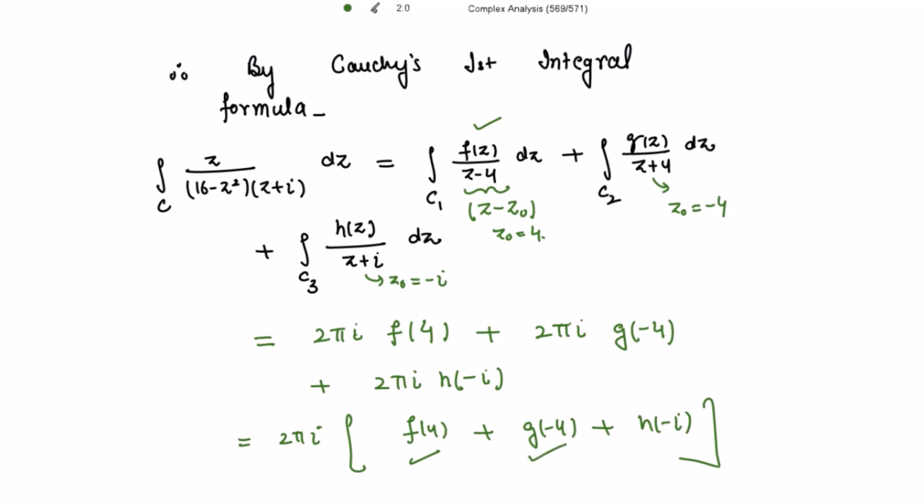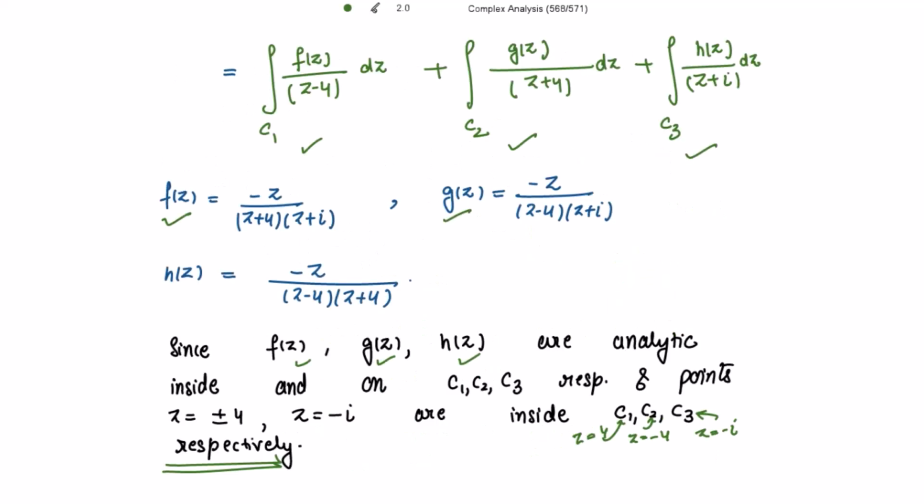Now we need g(-4). From here, the value of g at minus 4 is equal to, in the numerator we get 4, divided by the denominator minus 4 minus 4, that is minus 8, into minus 4 plus iota. Again, if I cancel this, I get minus 1/2 divided by minus 4 plus iota.